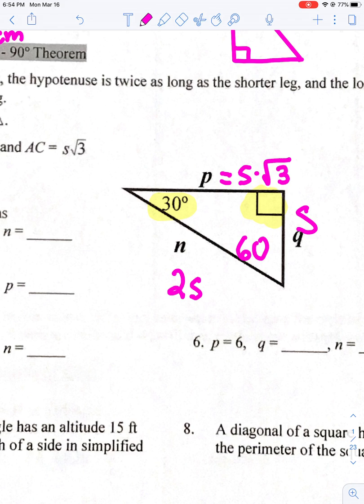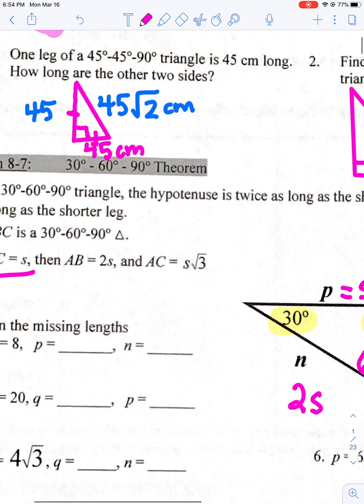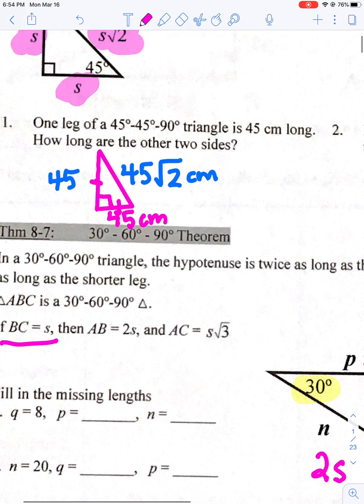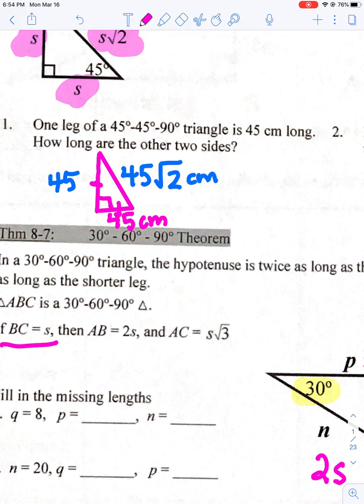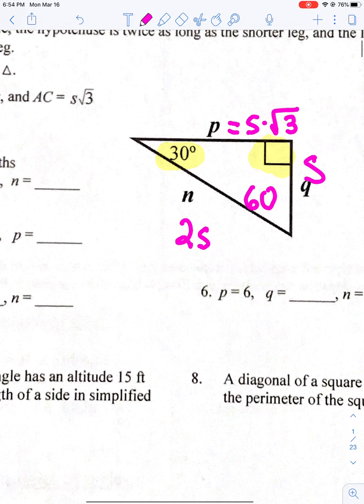I always tell my students, you remember the radical 3 because there's a 30-degree. It's just something silly you can think of to remember the factor, as opposed to over here with the 45, 45, 90 triangle, you're multiplying by radical 2, because there are two 45-degree angles to help you remember that.